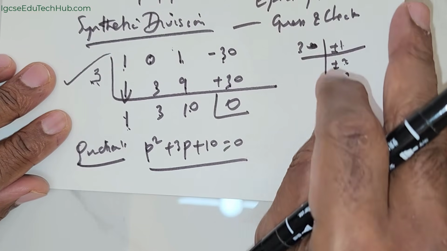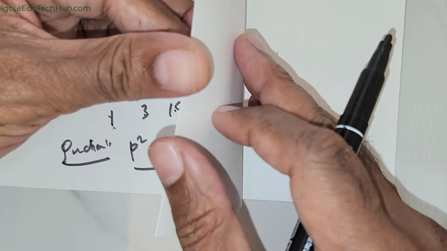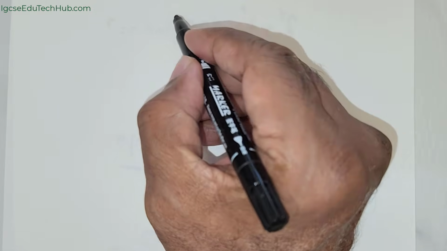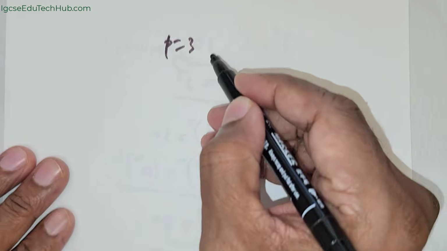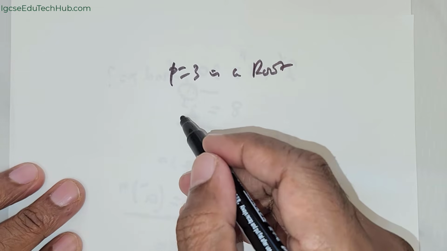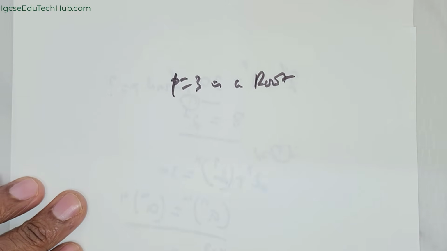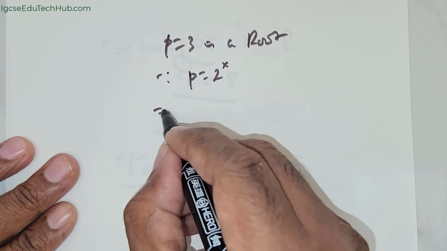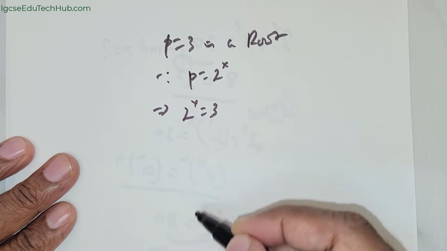Now if you were to check the discriminant for this, let me show that. Now clearly p is equal to 3 is a root, right? But what is p? P is 2 raised to the power of x. So this means 2 raised to the power of x is equal to 3.